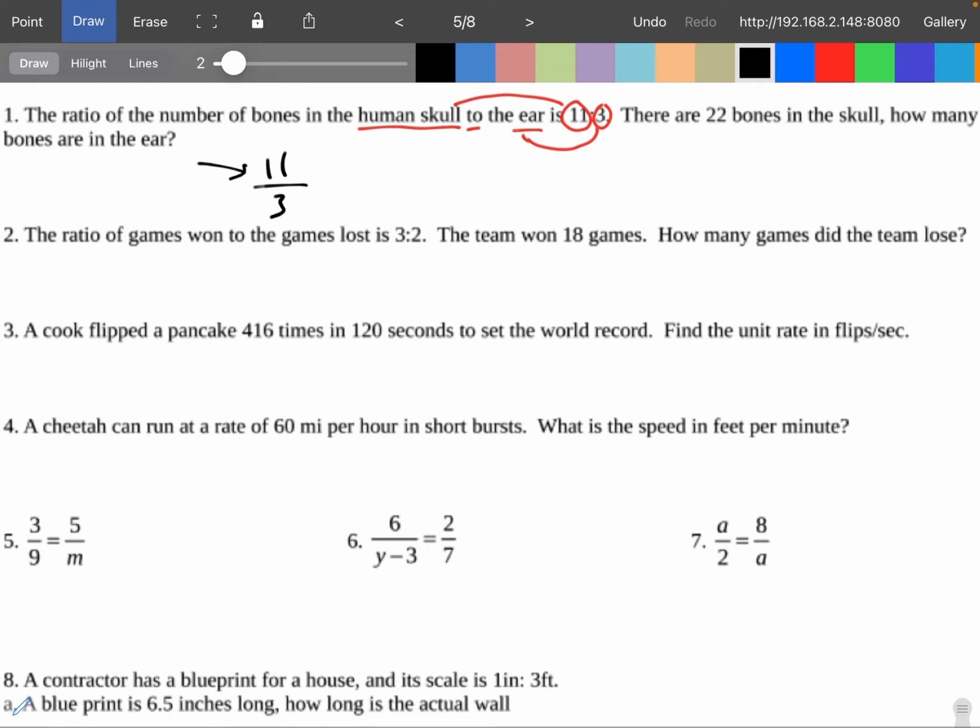So what you would write then is 11 over 3. And you got to remember this numerator, that's skull. So that's skull bones. And the denominator is ear bones.